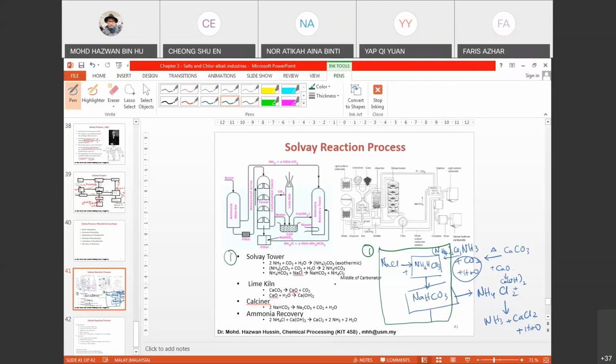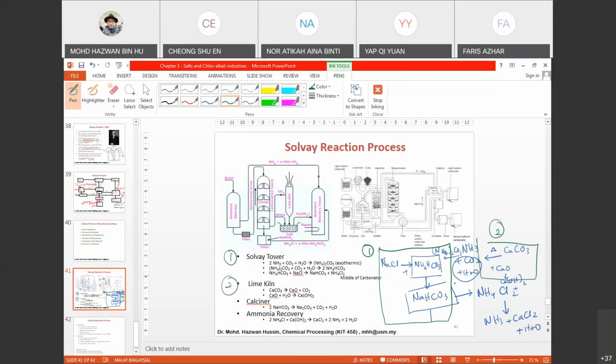Okay, and then for the lime kiln, a kiln is like a heating column. This is where reaction 2 occurs.